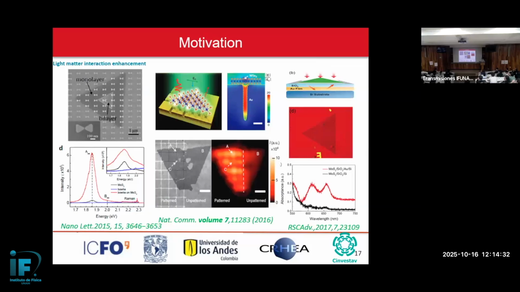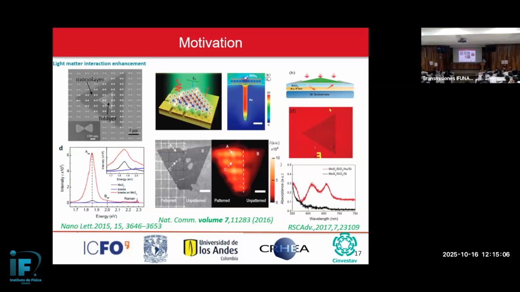The other thing we wanted to consider was the fact that since these materials are only a few nanometers thick, their optical absorption is a little bit low. So the trick to enhance the absorption is to bring the electric field near the material. There are different ways to do that.